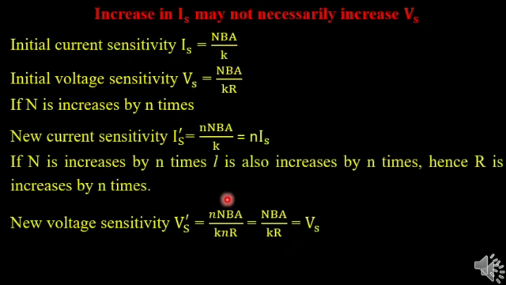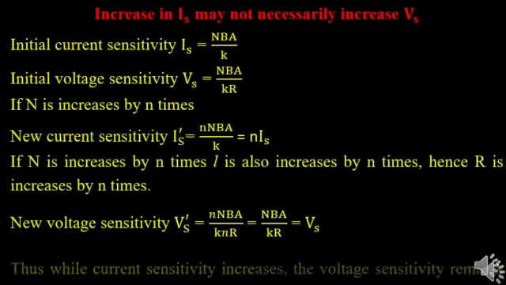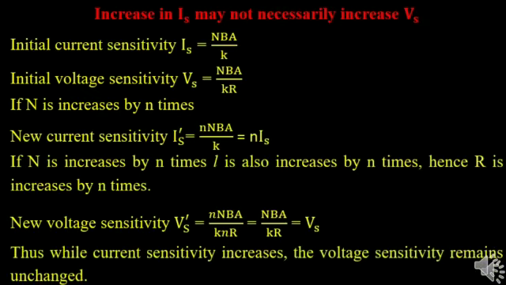After cancelling n, the equation becomes NBA divided by KR. But NBA divided by KR is the initial voltage sensitivity Vs. Thus, even though current sensitivity increases, voltage sensitivity remains unchanged.